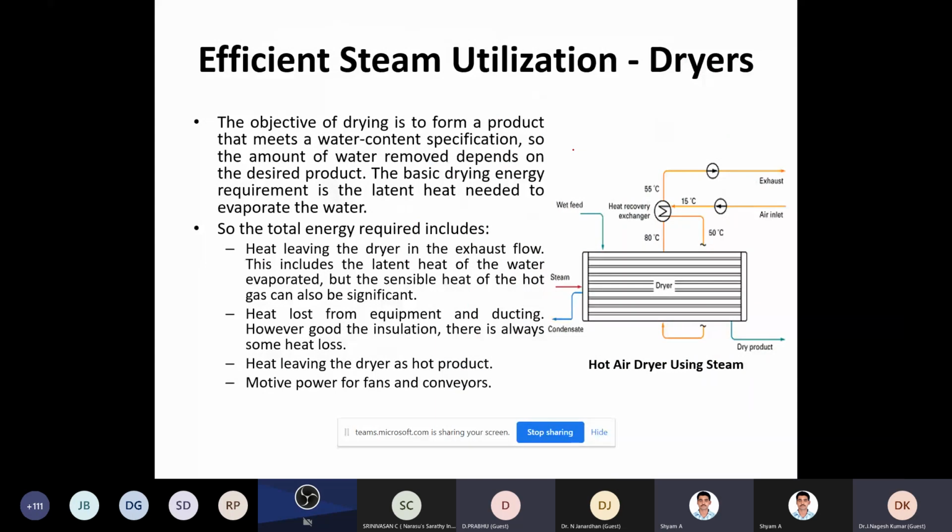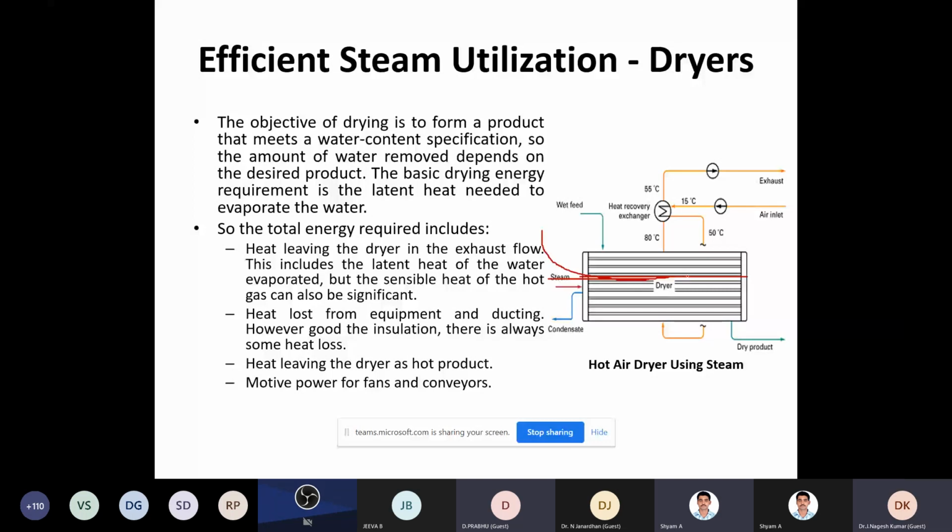This is a typical dryer. In a dryer, very common in many of the industries, steam is used for the drying. We have some products, let's say textile fabric. The textile fabric, after dyeing, goes into a dryer like this. So the moisture has to be removed.